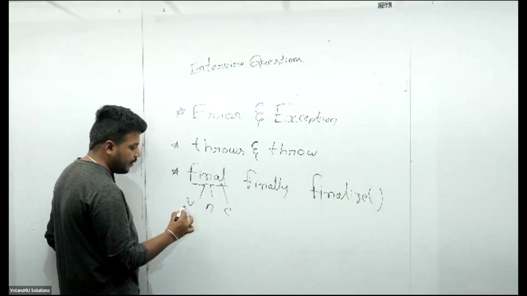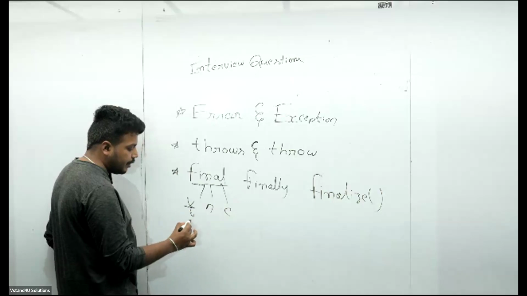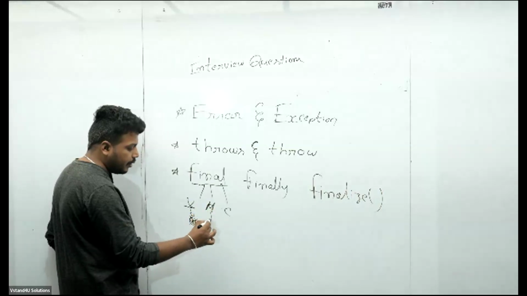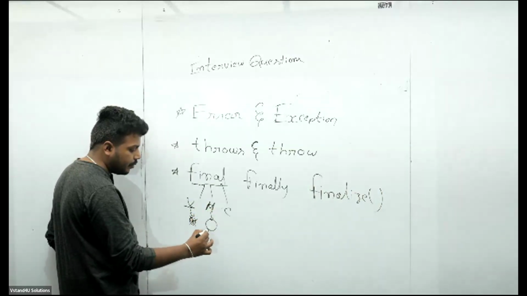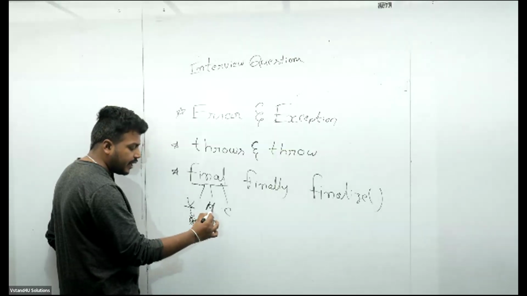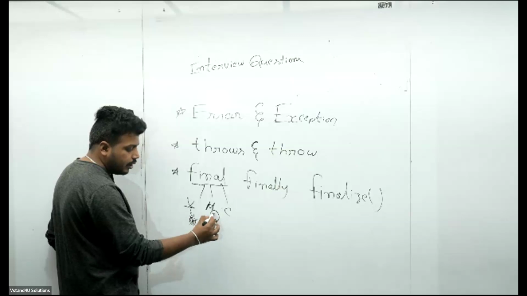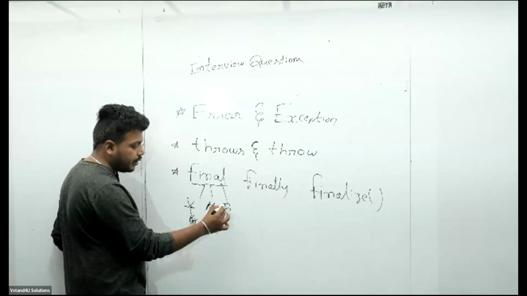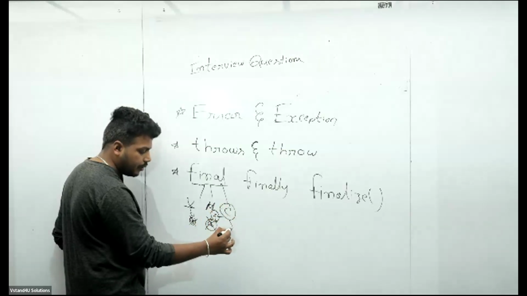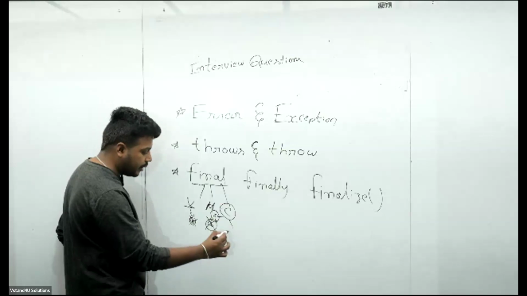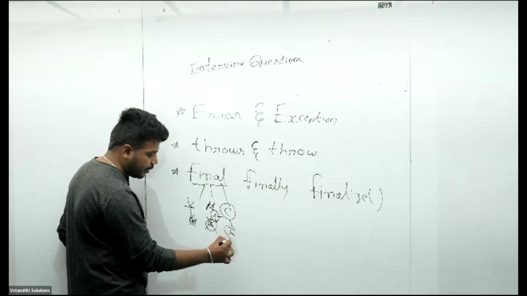If I use it on a variable, we cannot reinitialize it. If I use it on a method, we cannot override it, but inheritance is possible. If I use it on a class, it cannot be inherited.